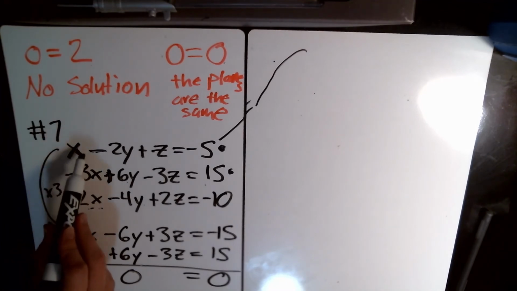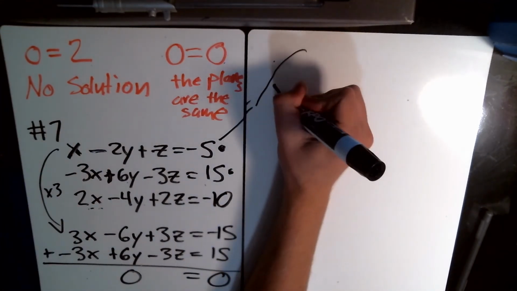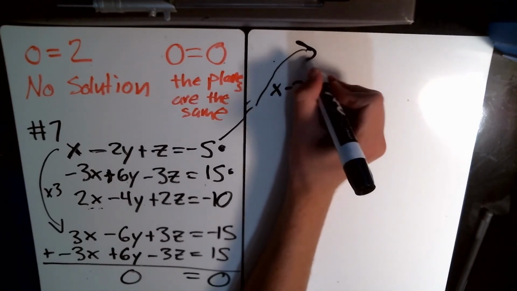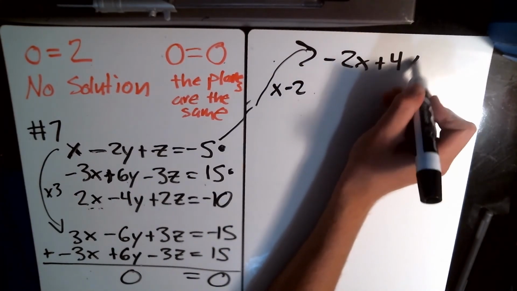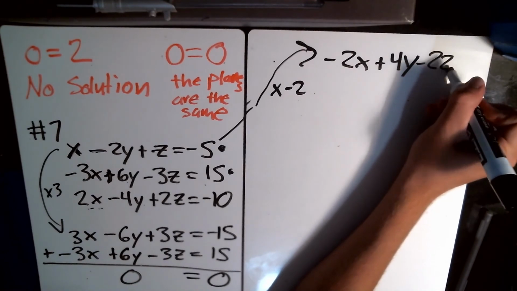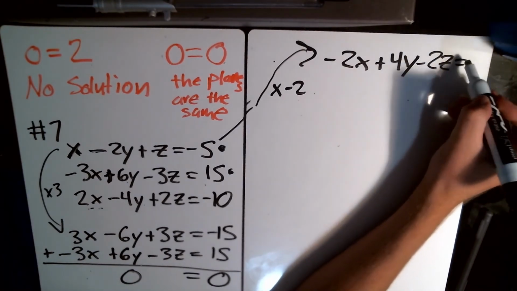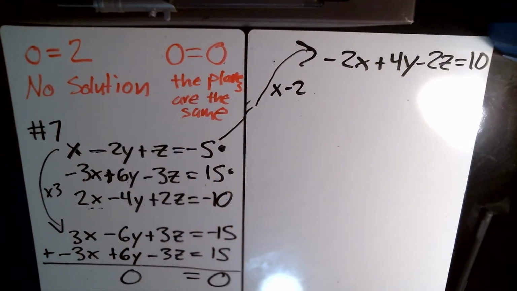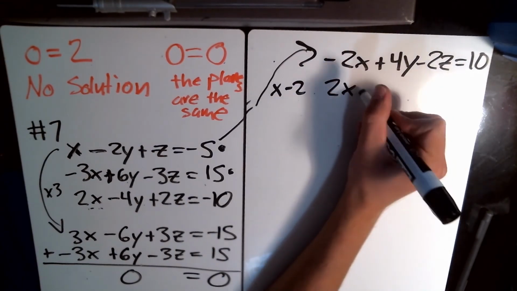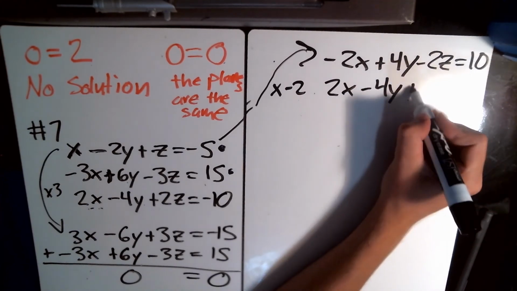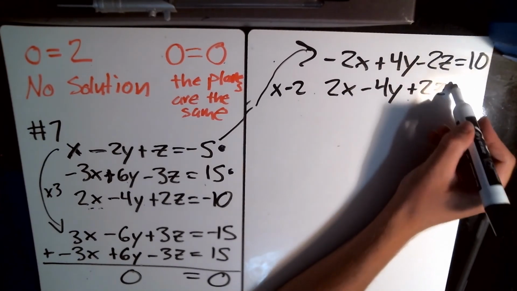I'm going to need to times this by -2. So we get -2x plus 4y minus 2z is -10, or sorry, positive 10. Okay, and then we've got 2x minus 4y plus 2z is -10.